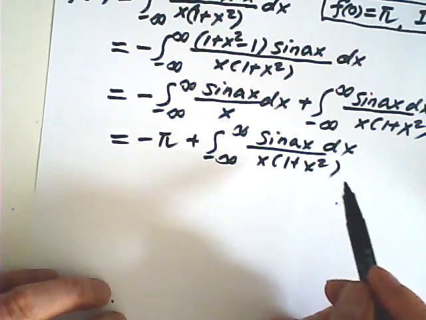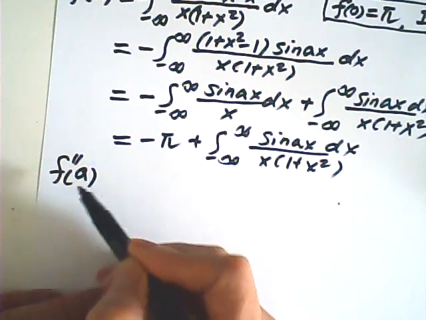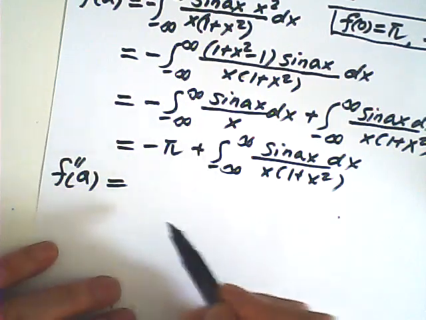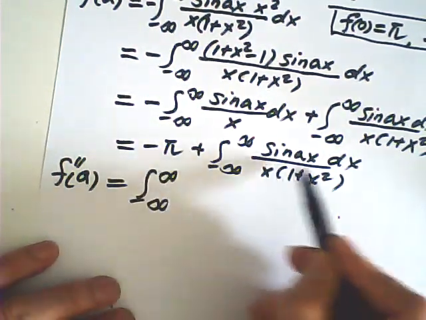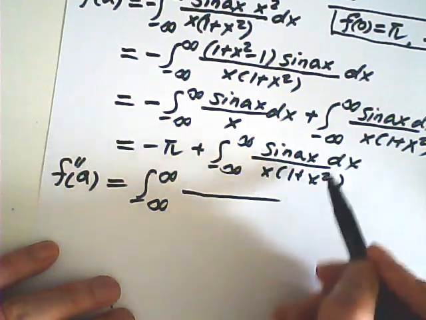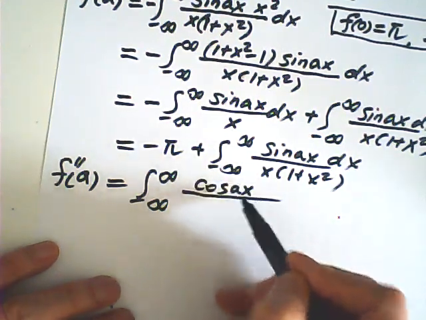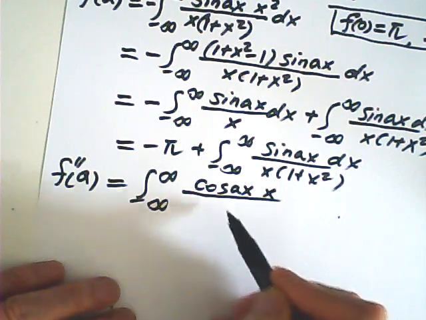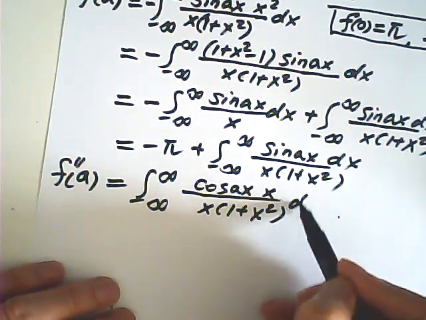That's good. Then we take the second derivative with respect to a. The derivative of negative pi will be 0, right? Now for this one, the derivative with respect to a will be cosine ax times x, because x is constant, over x times 1 plus x squared dx.